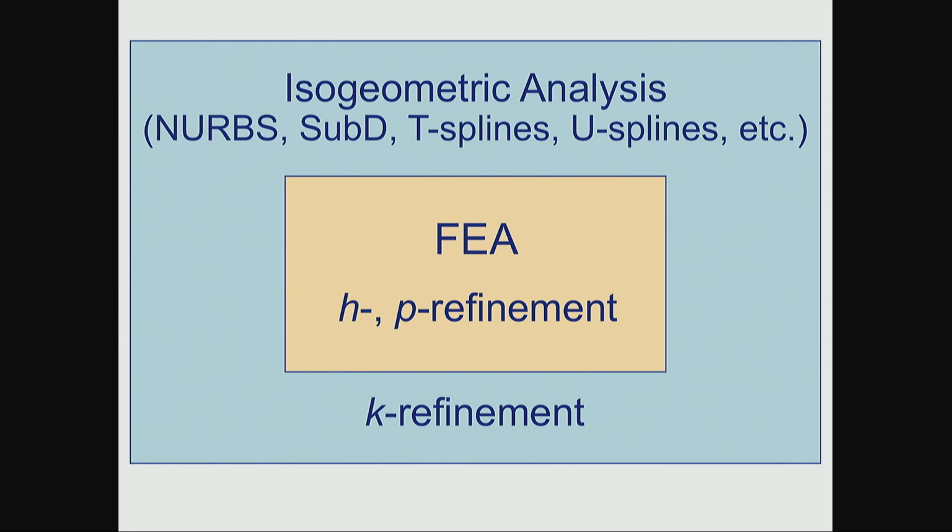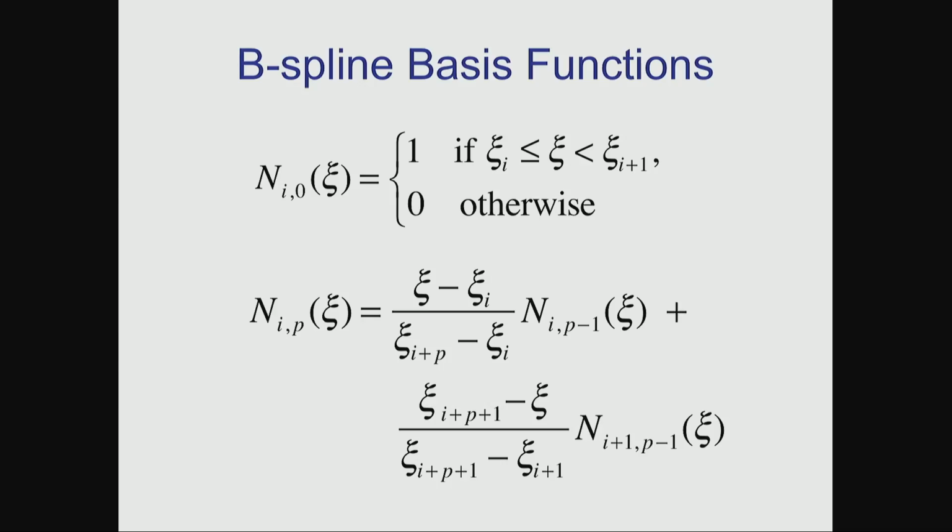So our most desired technologies are when you use optimally smooth spline basis functions. So by way of tutorial, if you're not familiar with splines and NURBS, I'll say a few words about them before getting into more interesting things.